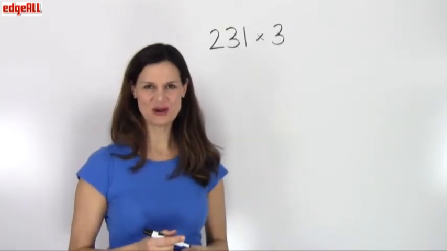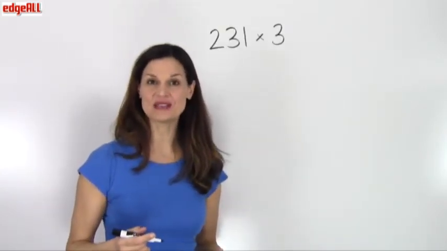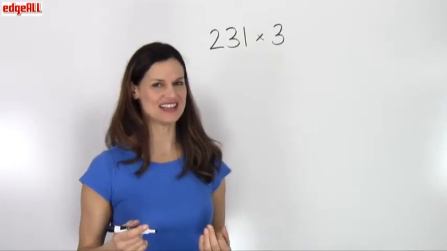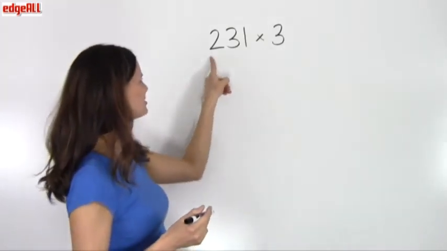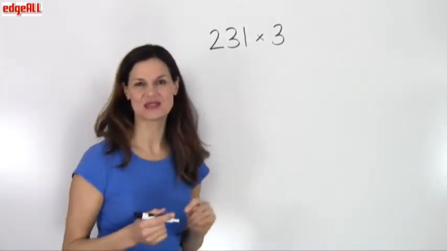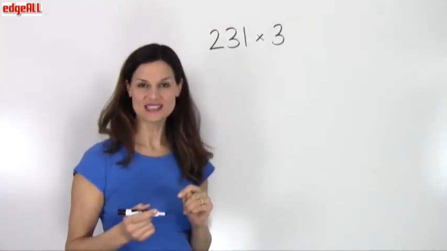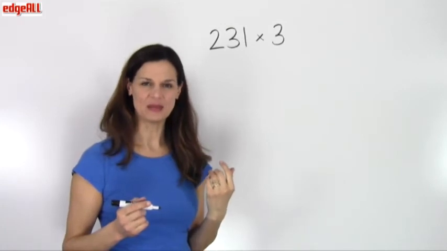Let's look at one more example. This time we are going to multiply a 3-digit number by a 1-digit number. So 231 times 3. I want to first of all line up my problem vertically.